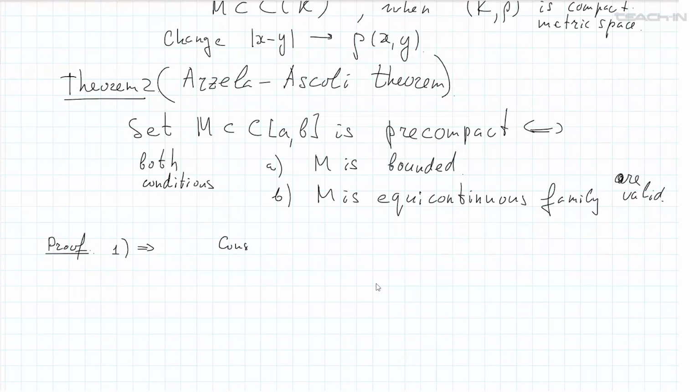Consider the closure of M, with the line over it, and it is compact.